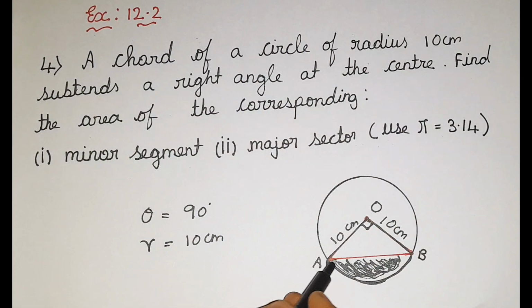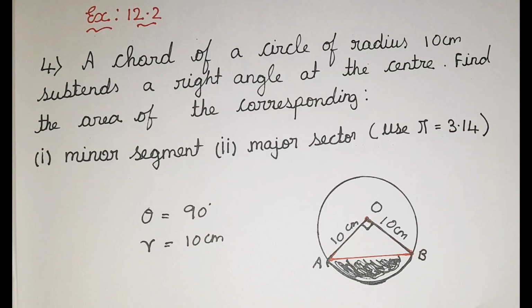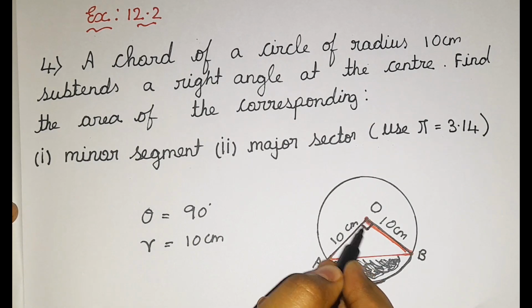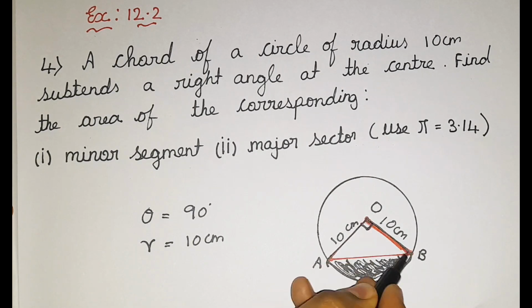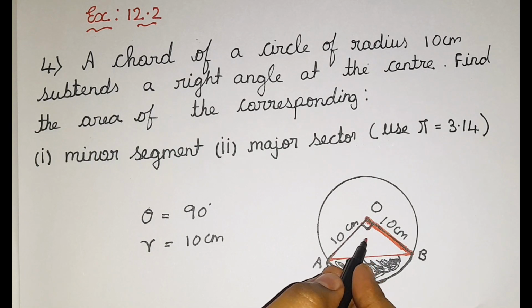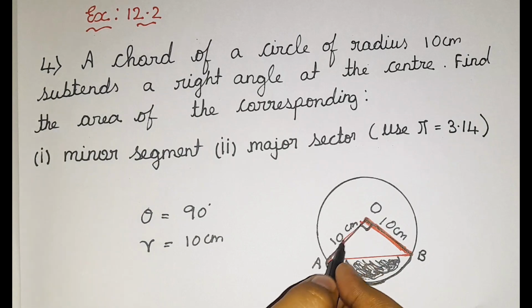Since this is AOB, a triangle, and we have 90 degree here, this red line I am marking is the height of this particular triangle, and the base will be this one.